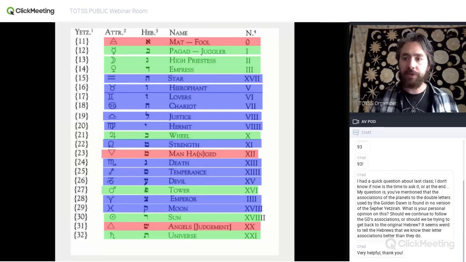The different versions of the Sefer Yetzirah all do it in the same way, other than that one change, which Crowley made because of his interpretation of the statement in the Book of the Law that Zadi is not the star. But it's way more consistent than the double letters, like I was talking about last week. Different versions of the Sefer Yetzirah and different Hebrew Kabbalah traditions do the planets in completely different ways, but with the signs of the zodiac, it's much more consistent.